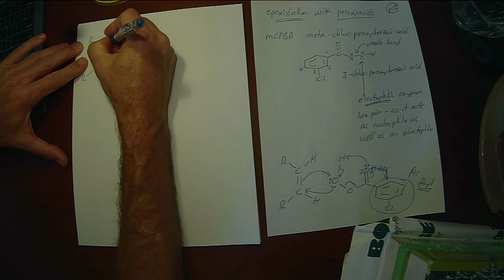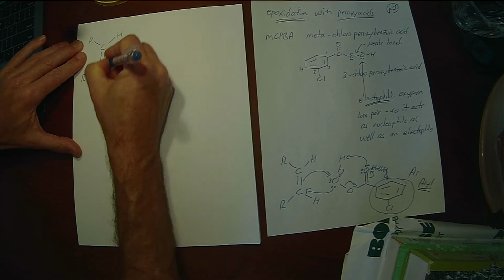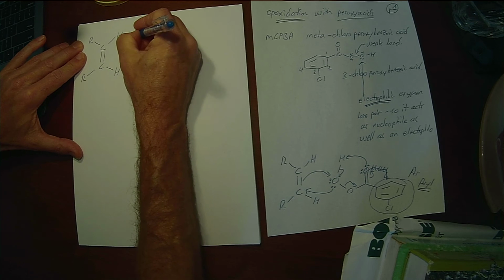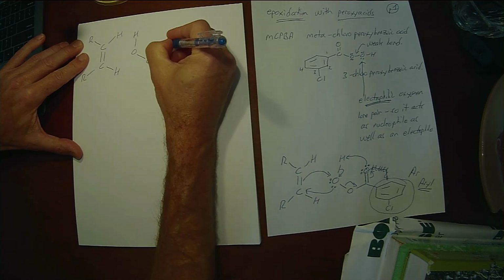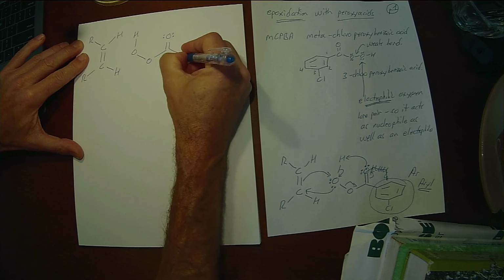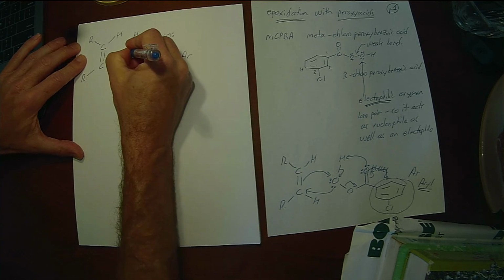And I'm going to redraw this so I can show the transition state on the same page as the intermediate, and I actually have the carbonyl group. But this time I'll call that Ar since that's not involved in the reaction.